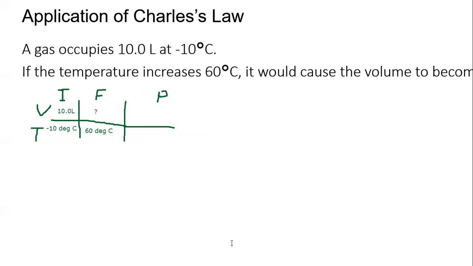And so here we notice that temperature increased, so we predict that volume should also increase. Because if temperature increases, volume should increase according to Charles's law. Now, before we start plugging and chugging, we need to convert the temperatures to Kelvin.